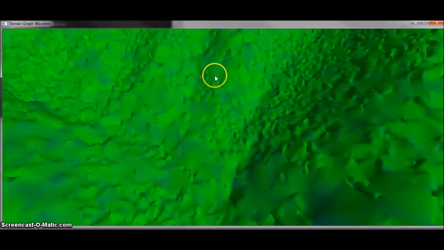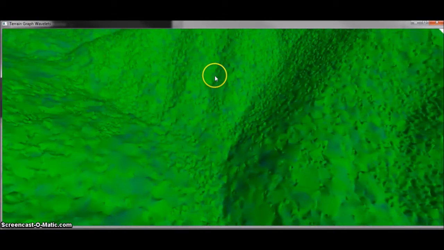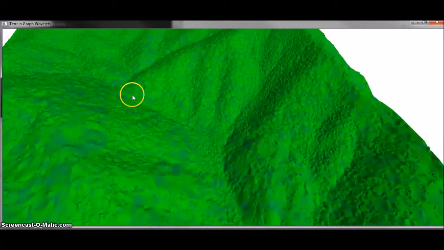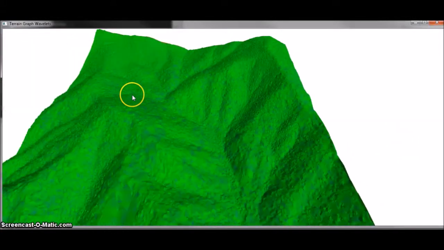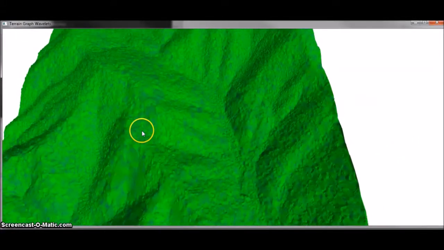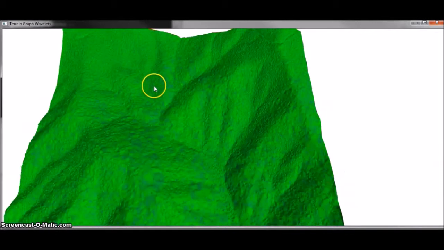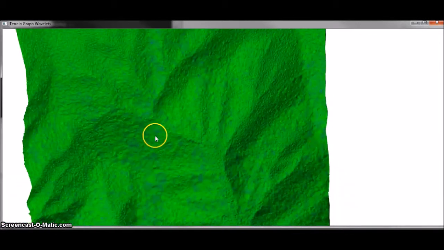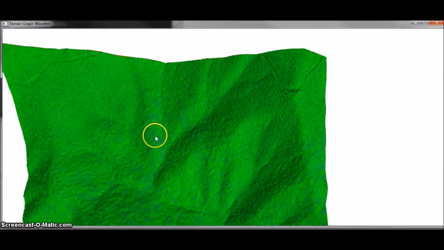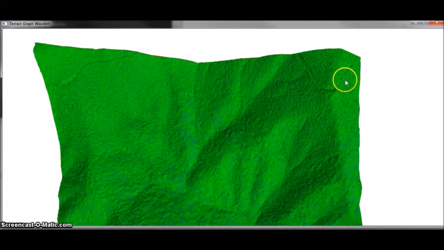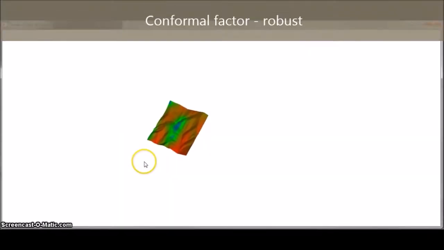Now, the algorithm is incapable of distinguishing between real geometric features and artificial noise-induced formations. This is reflected in the uniform light green shade the terrain is now colored in.